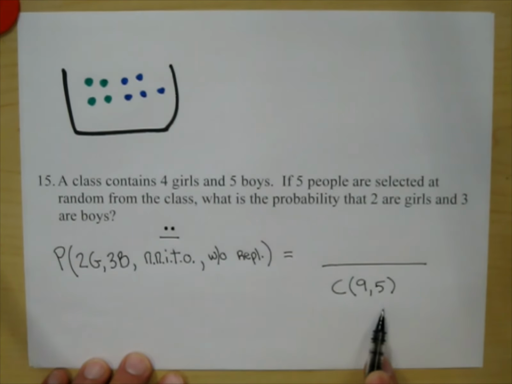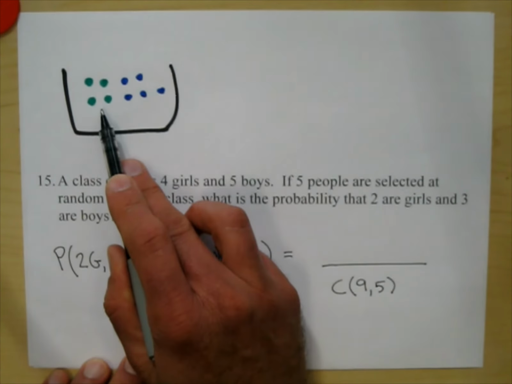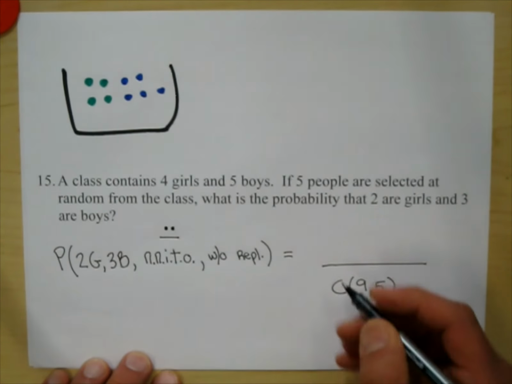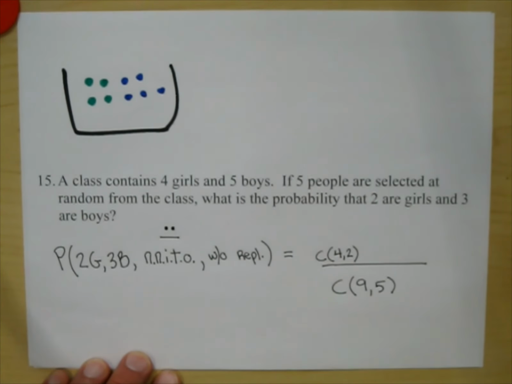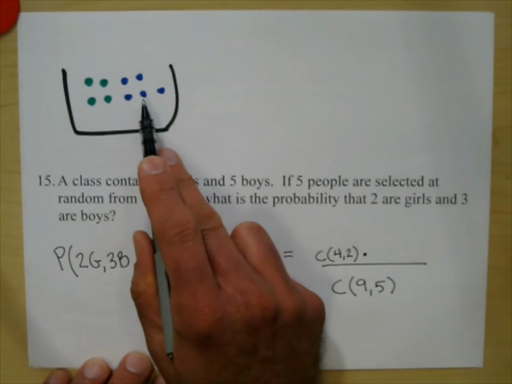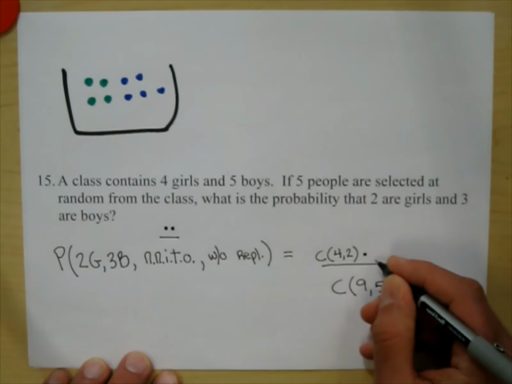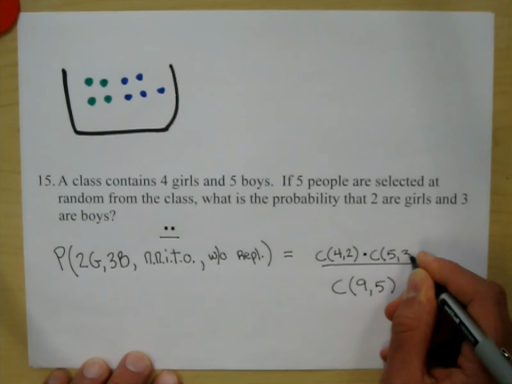So that's all the things that can happen. Now the top is what I want. I want to choose 2 girls or 2 greens from this box. So it's going to be 4 choose 2. Multiplied by now the task of choosing the boys. I want to choose 3 boys from 5 boys. That's going to be 5 choose 3.